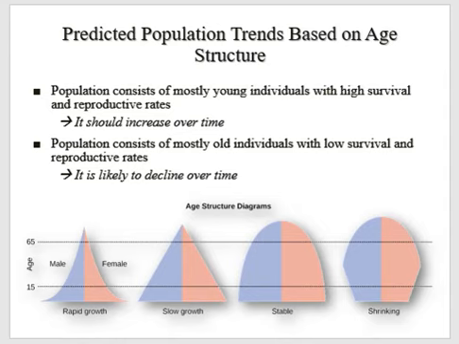So by looking at those ratios with age structure, you can make predictions about what trends may occur in a population over time. And that's extremely important when you're looking at different wildlife populations, particularly populations that are threatened or facing endangerment.